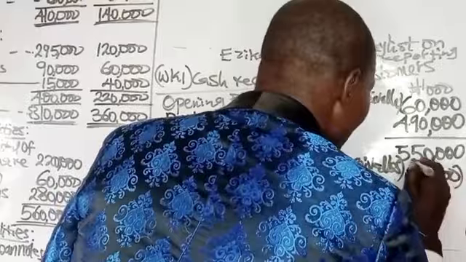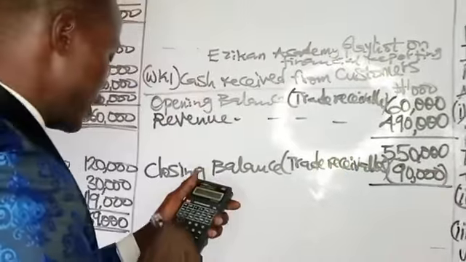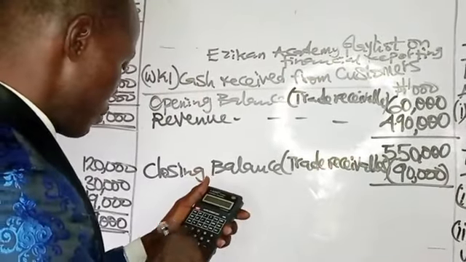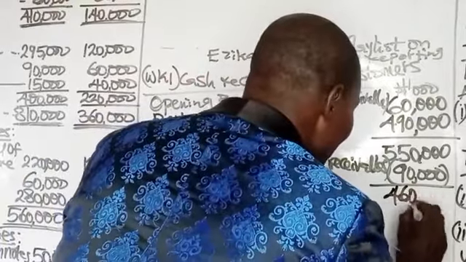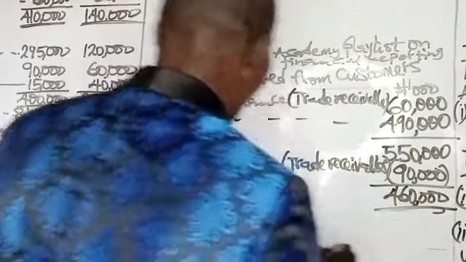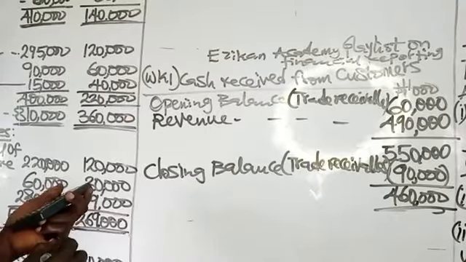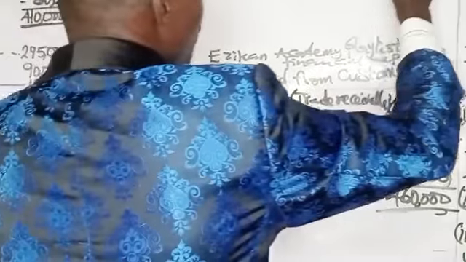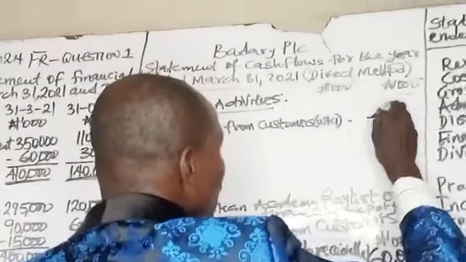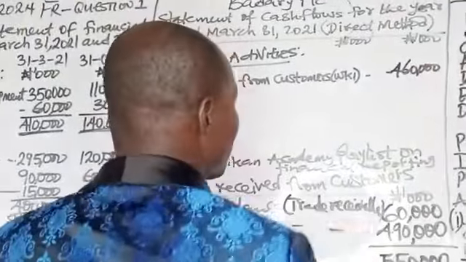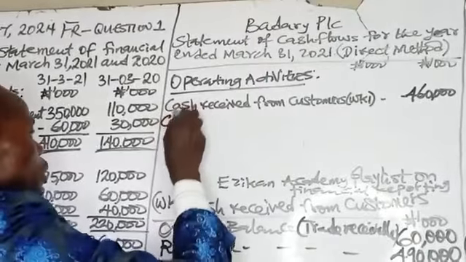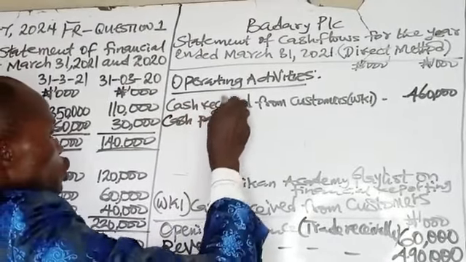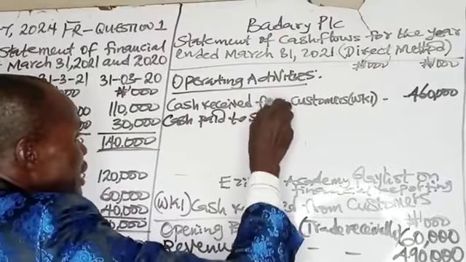If you subtract 90,000 from 550,000, then you'll be left with 460,000. That is the cash received from customers.